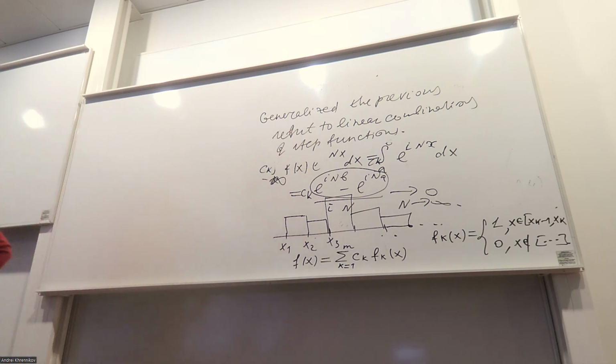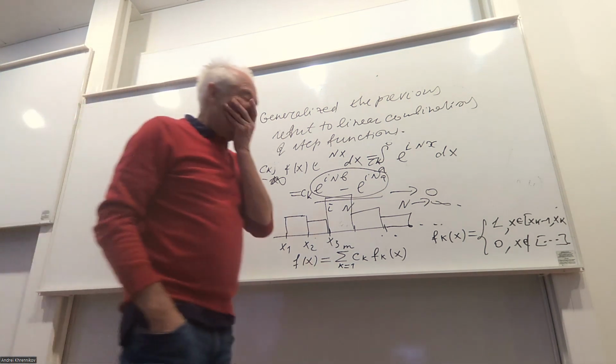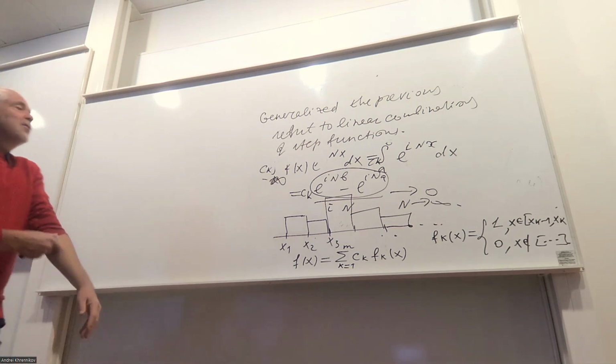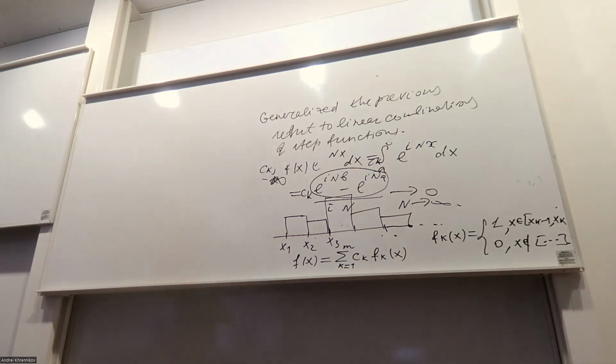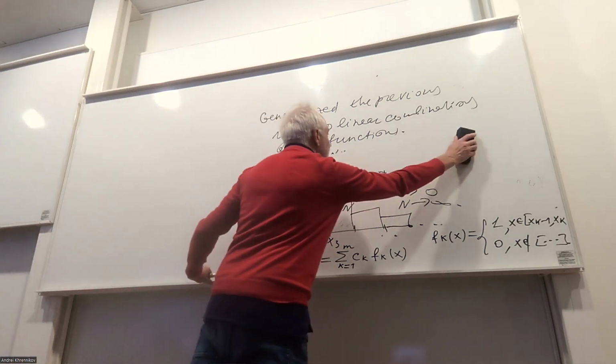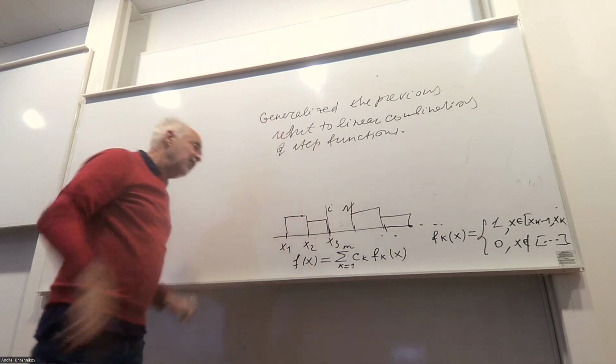The Riemann-Lebesgue lemma is also valid for any linear combination of step functions with arbitrary coefficients. And now, what we miss from the course of integration theory. So this is still very simple. For one step, we just integrated the exponent and got n in the denominator.